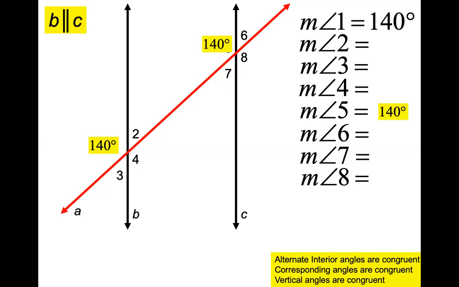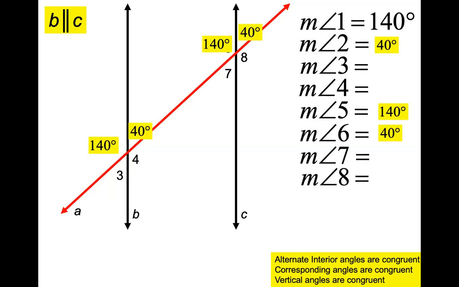And that is how we're going to get all of the angles along with vertical angles. All right, I won't do these in order. Karis said angle 2 was how big? 40, right? So if that's 40, how big is 6? If this is 140, how big is angle 3?